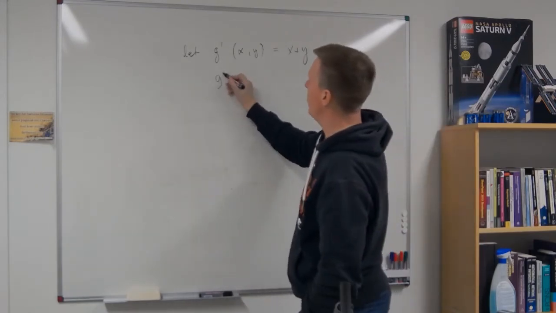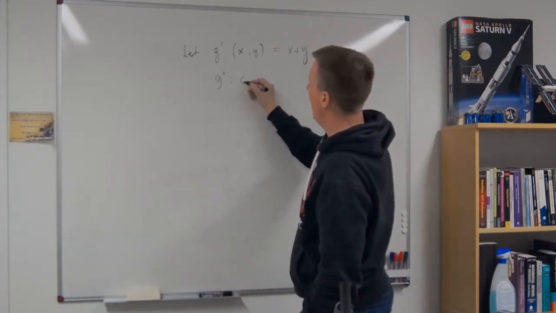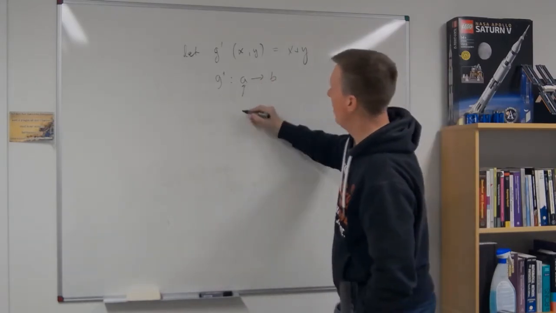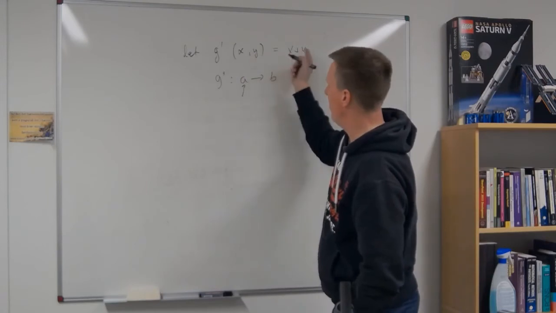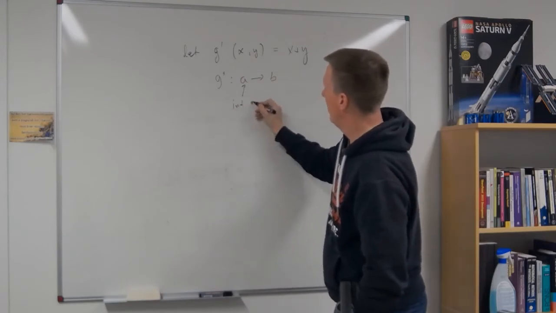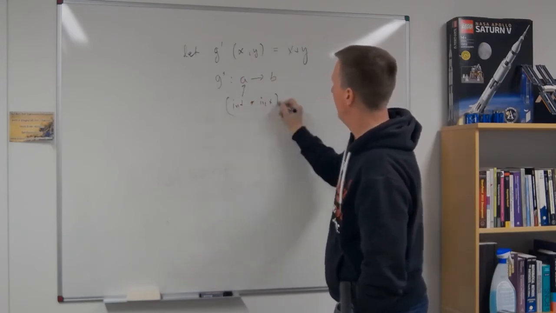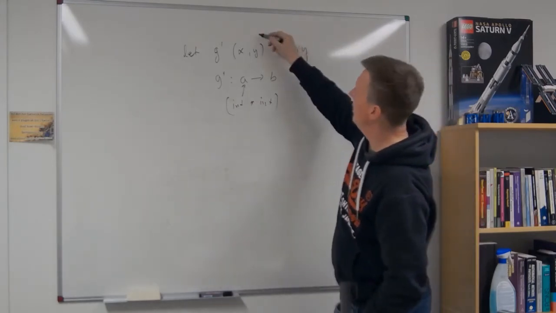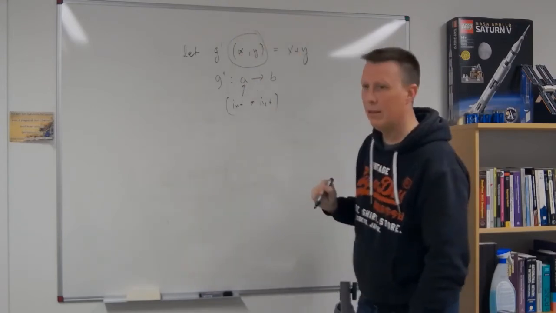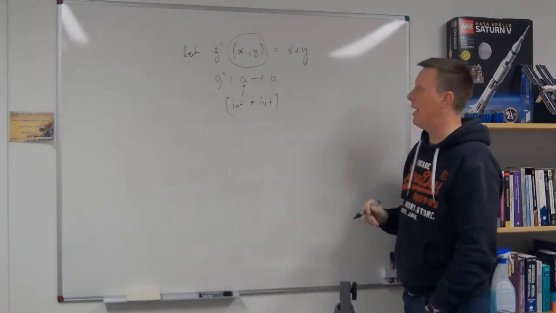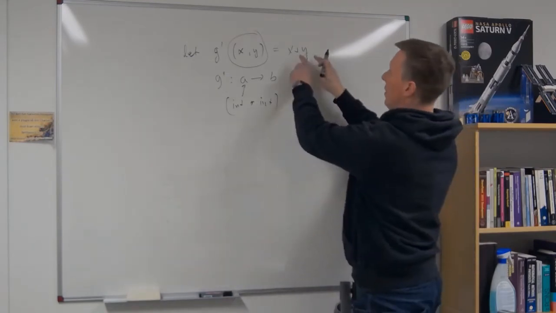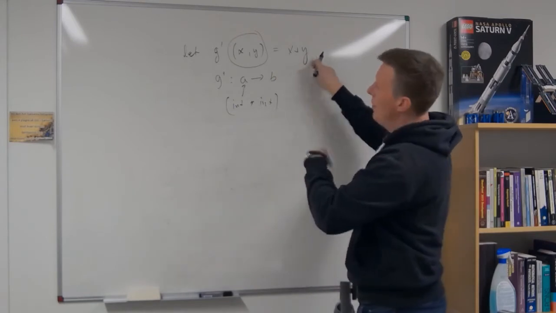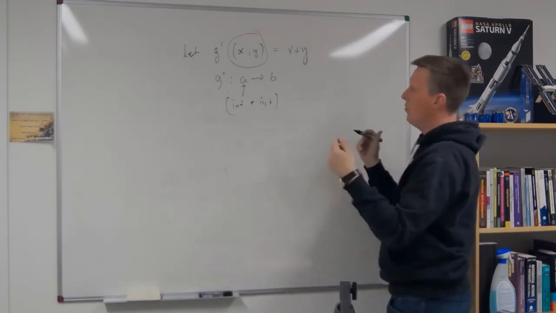If I would write down the type of g prime, it would be a to b, where a now is a pair. So in this case we probably have int, the pair of two ints. And the reason I can write this is something we'll talk much more about later. This is called pattern matching. It will take a pair and unpack it so that we can use what the pair contains. And we can do the same with triples and quadruples and so on.